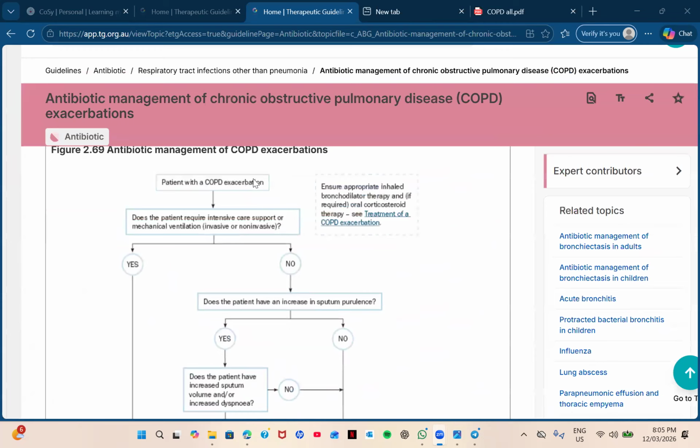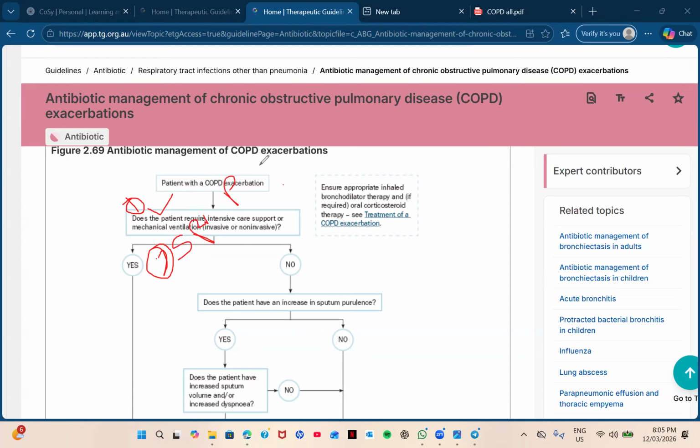So what are the criteria? What is number one? Tell me, because you have to know the stepwise approach. Number one, if the patient needs ICU, you have to give antibiotics. Then you have to consider whether the patient's sputum purulence is increased or not.